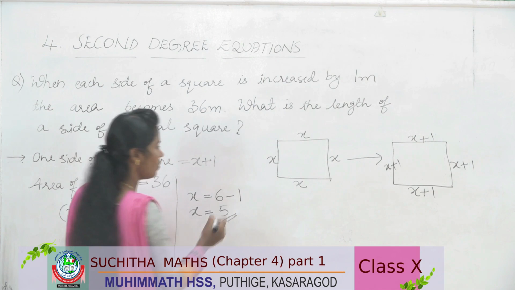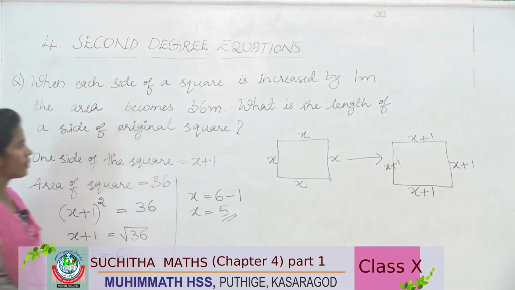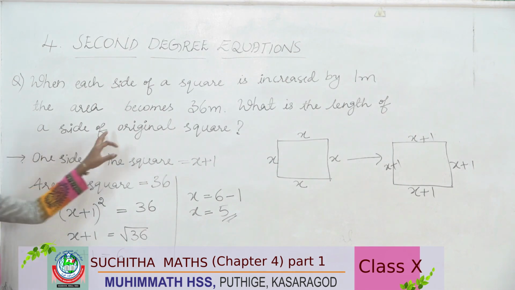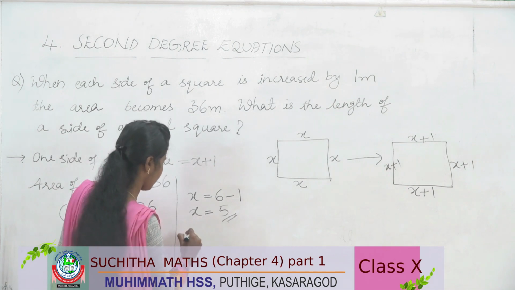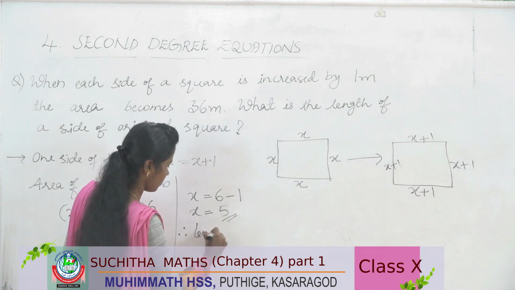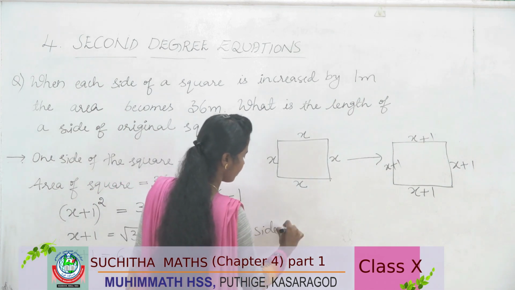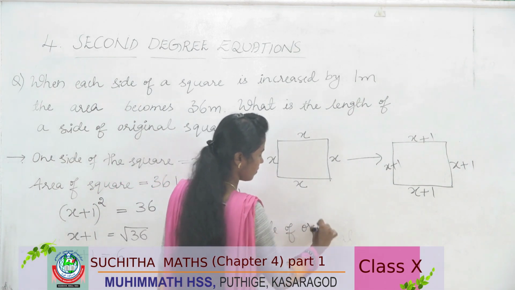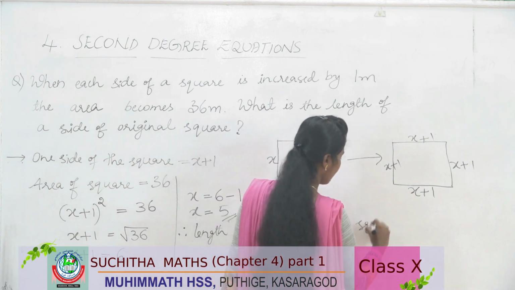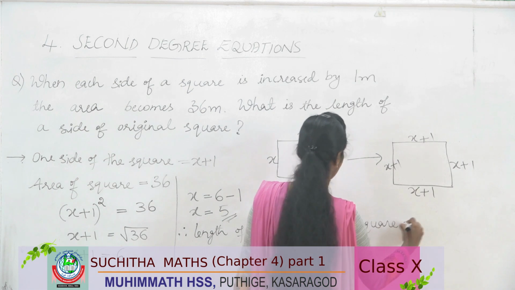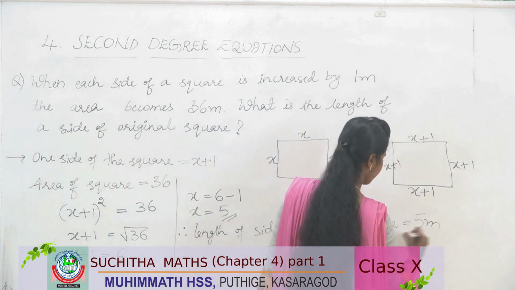So the length of a side of the original square is 5 meter.